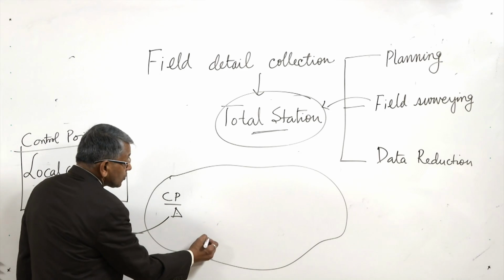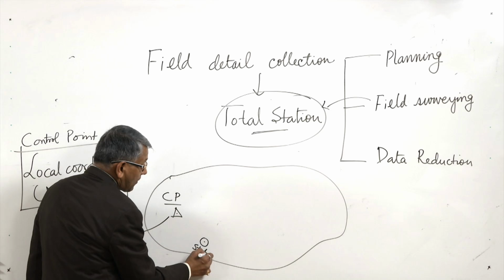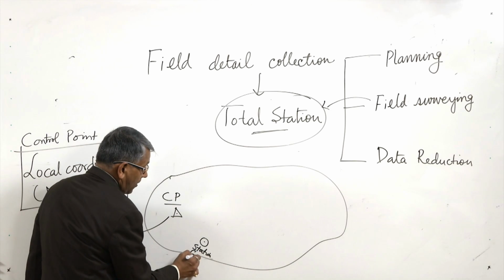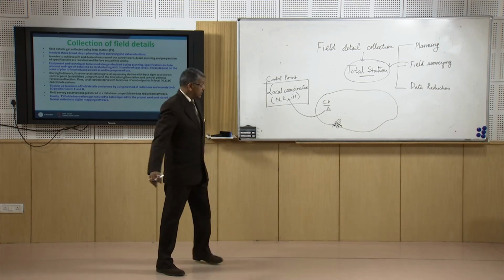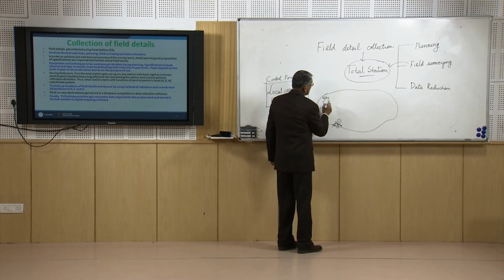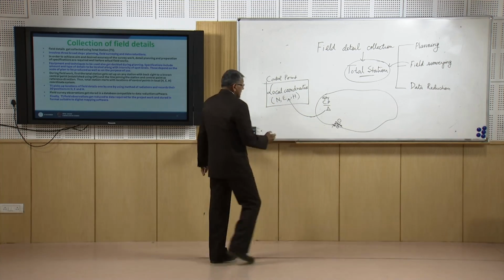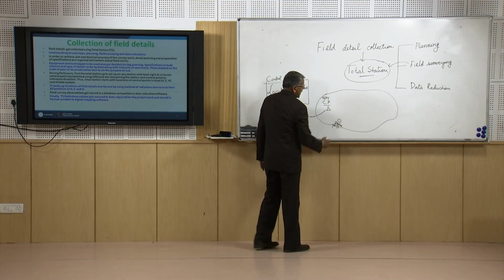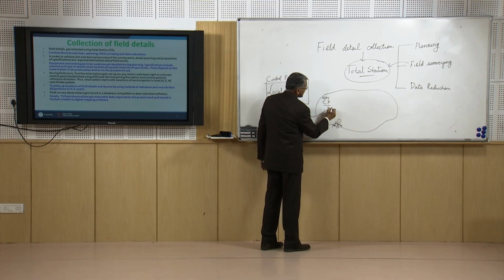So, we should identify some point as the station for our total station, from which that GPS control point should be visible, and setting up our total station at this point, we should first take the back side.